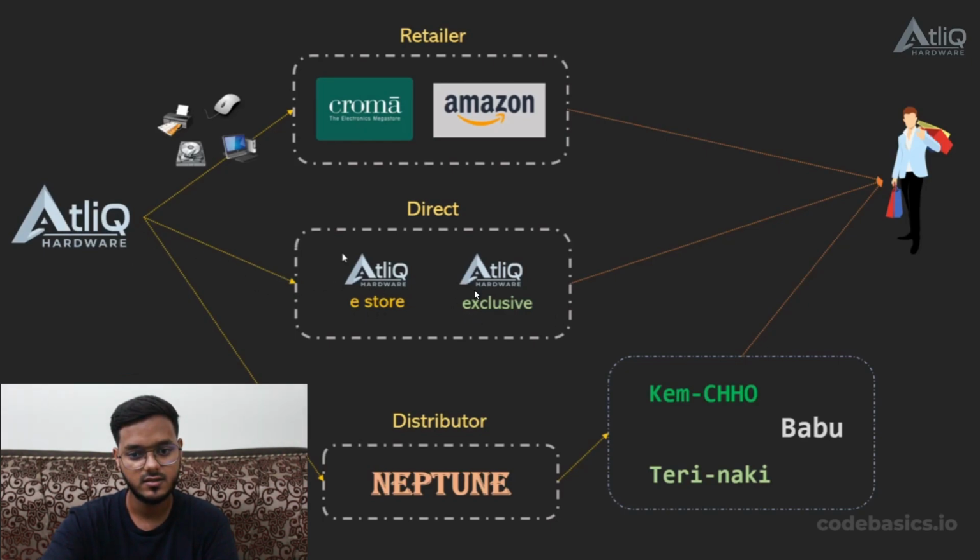They directly communicate or sell their products to consumers, that is end users like me and you. The last channel is the distributor. They sell their products to distributors and distributors sell these products to consumers. Okay, that's all about the business model of AtliQ Hardware. I hope you understand how they perform their business.